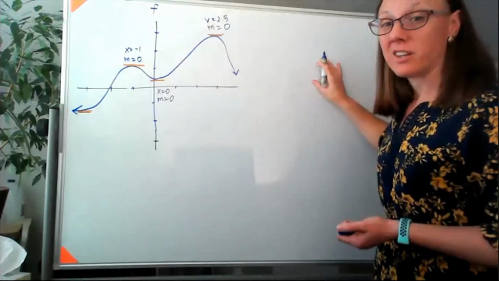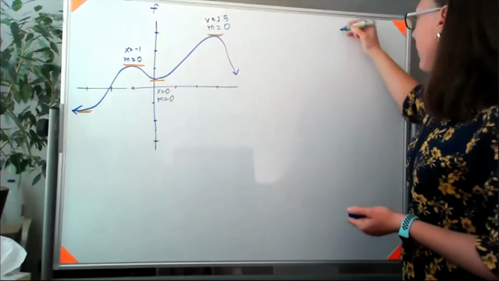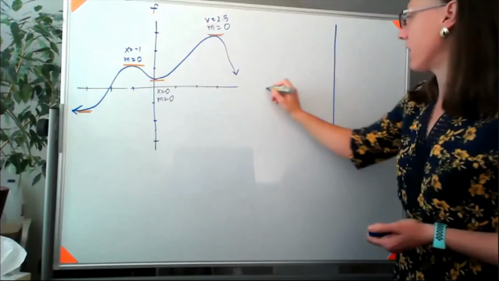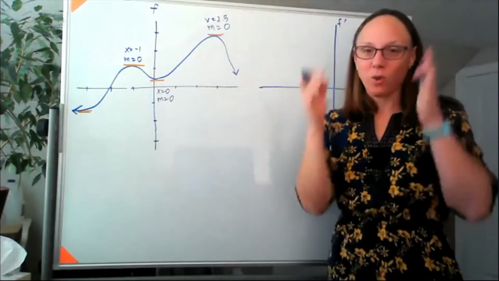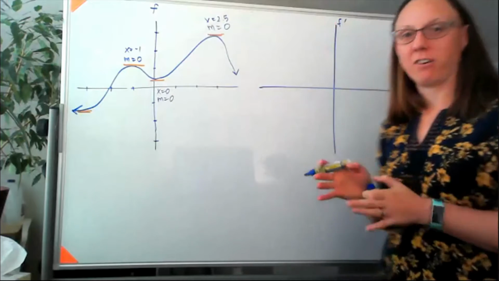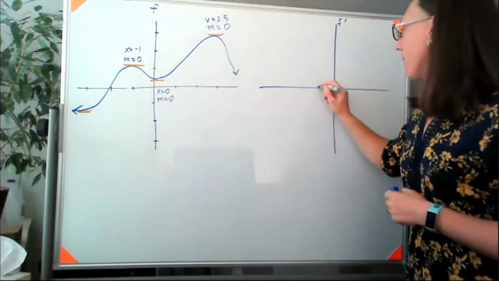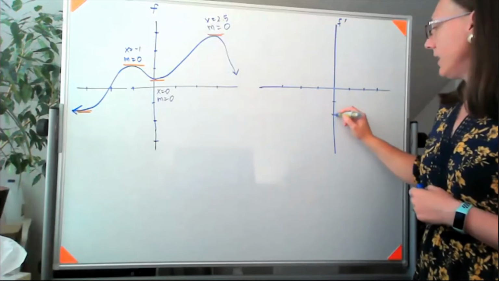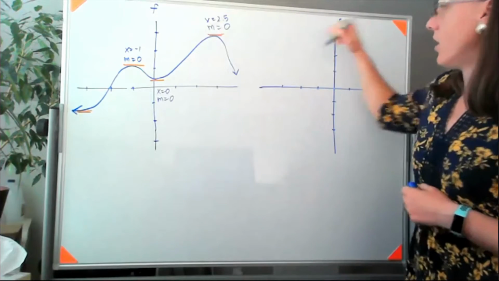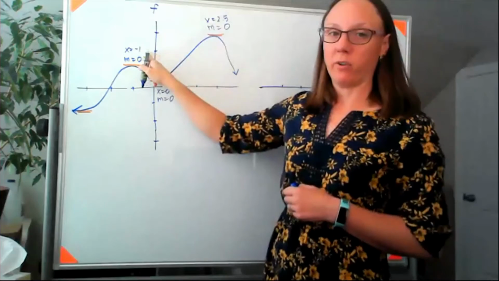So unfortunately, he's making us draw our f prime graph over here. I really prefer to have it directly down so that I can just transfer those x's down. But if I have to do it over here, then it's helpful for me at least to have labeled on this graph what the x values were.